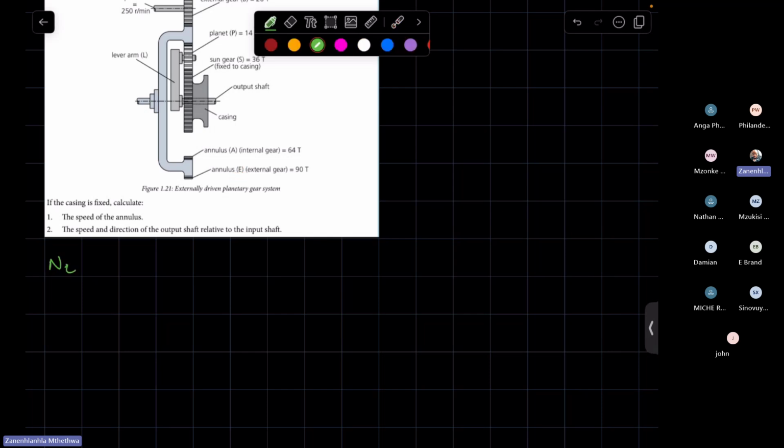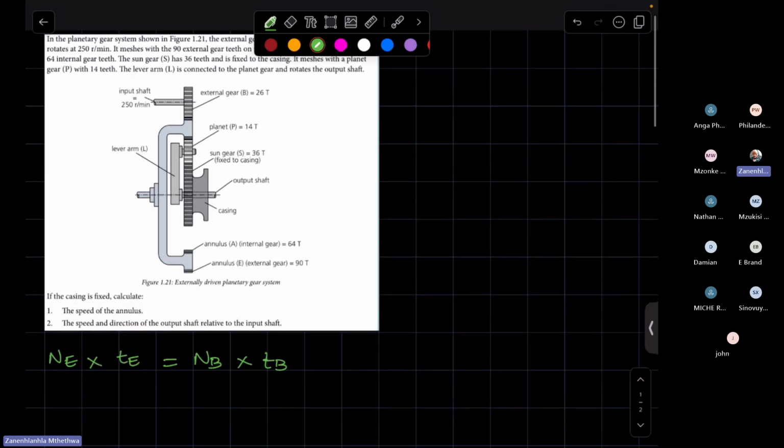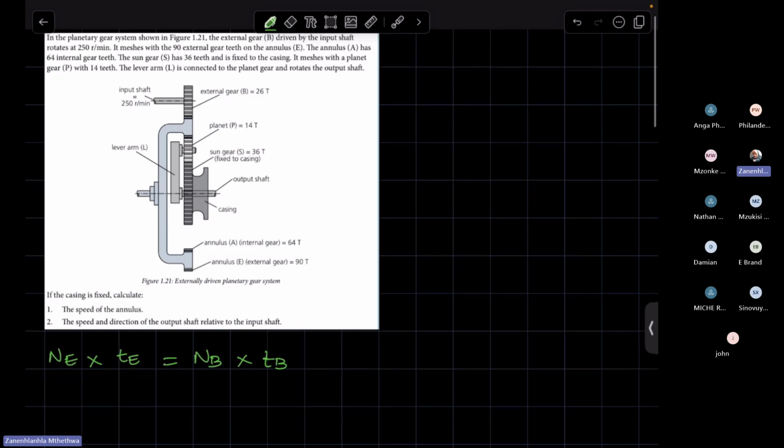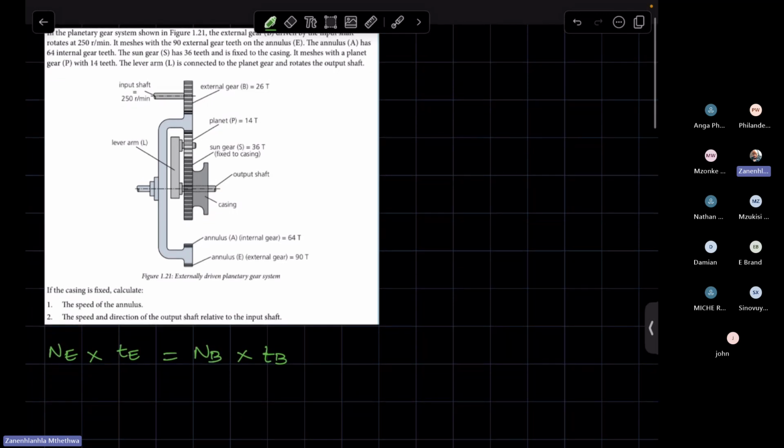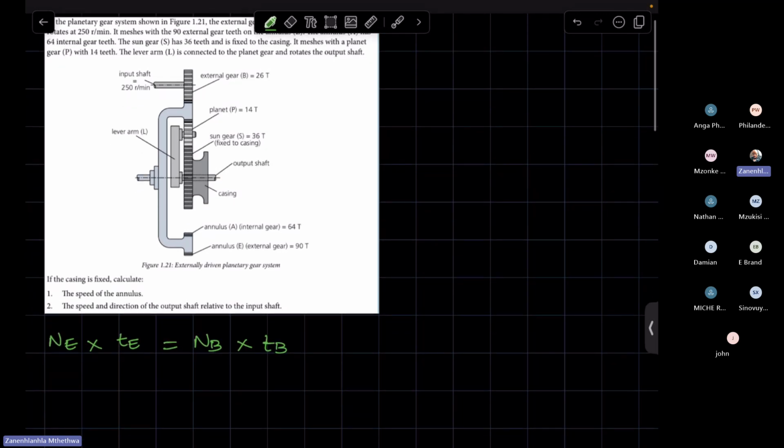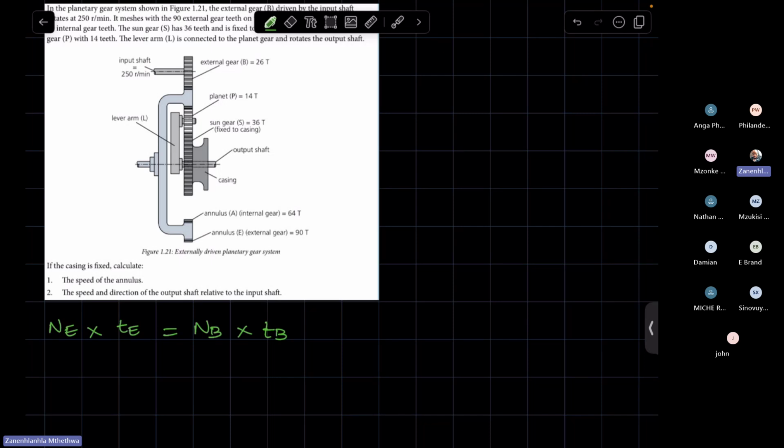So this will be NE times the number of teeth of E is equal to, it is meshing with the external gear B, so NB times TB. That is the relationship between the 2 gears. Remember, 3 steps. First step is you establish the relationship between the 2 gears, which we have. Next thing is you establish direction of rotation. We've already established that the input shaft is rotating at this, and seeing that it is positive, it means it's going clockwise.